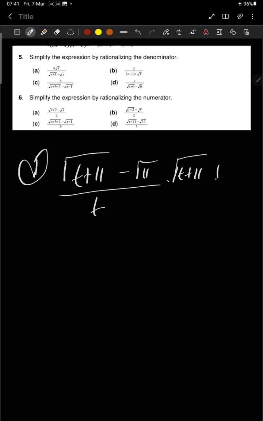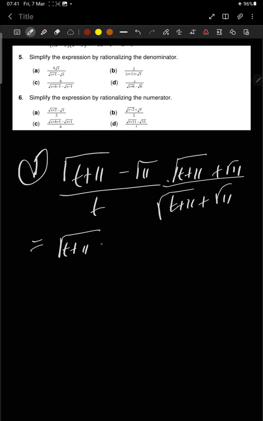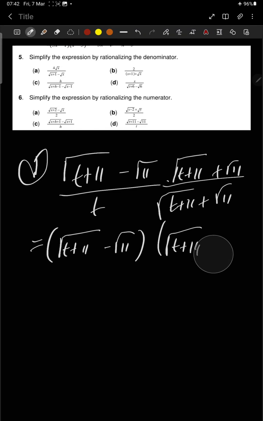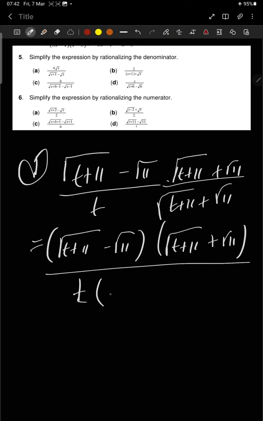Square root of t plus 11 plus the square root of 11 over t, so it will be square root of t plus 11 minus the square root of 11. I'll multiply it with square root of t plus 11 plus the square root of 11 over t times square root of t plus 11 plus the square root of 11.